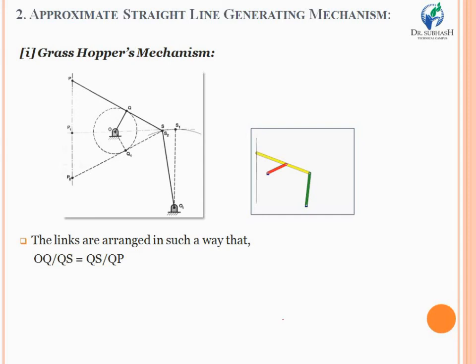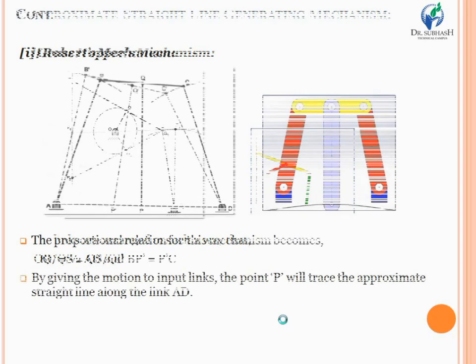Whenever the mechanism rotates, of course point P will move from P1 to P2. In that way you can have the straight line whenever you are rotating the link OQ. So this is the Grasshopper mechanism we use for straight line generation of any profile.